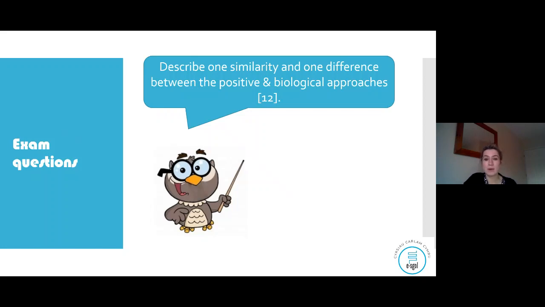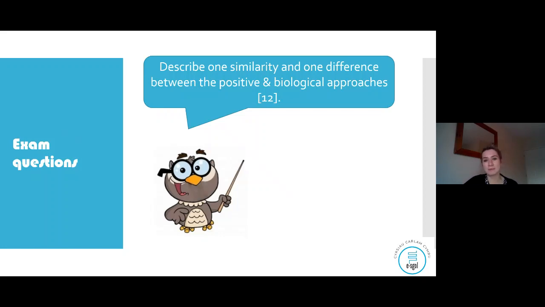Now, where it says positive and biological approaches, they could put any 2 approaches that you've got there. So there really is lots and lots of different suggestions and different specific questions that could be asked within this element. So it's really important that we have a knowledge and an understanding of the different areas that you can talk about for each approach, but also what do you say about them and how do you lay it out in an exam format.